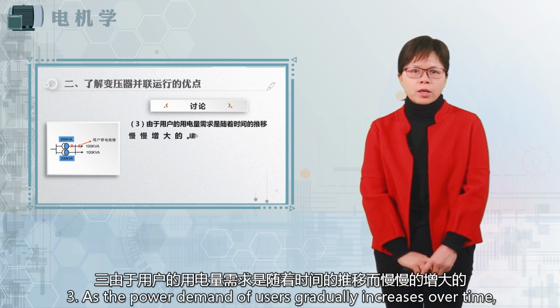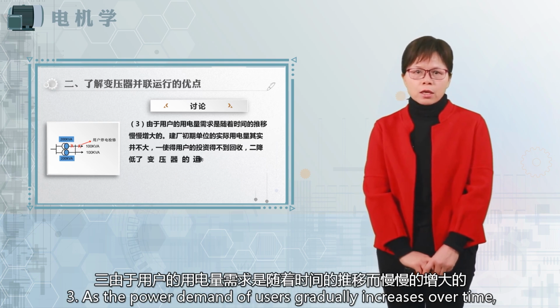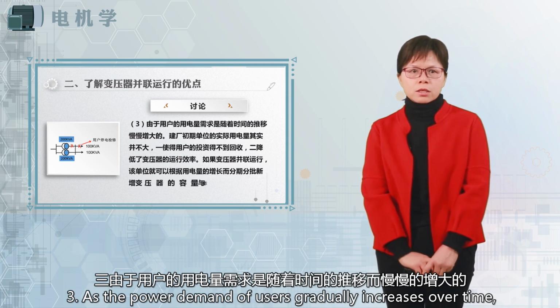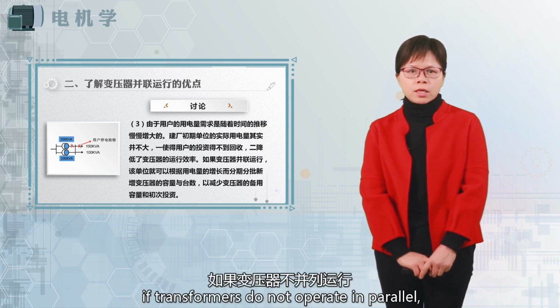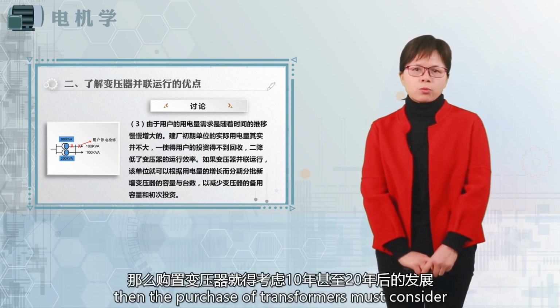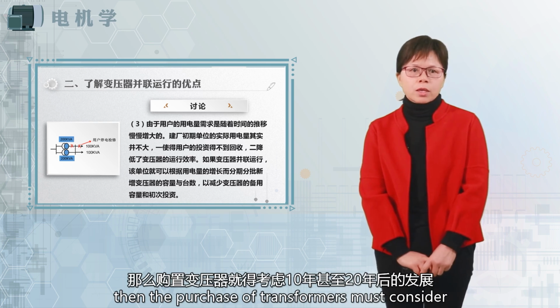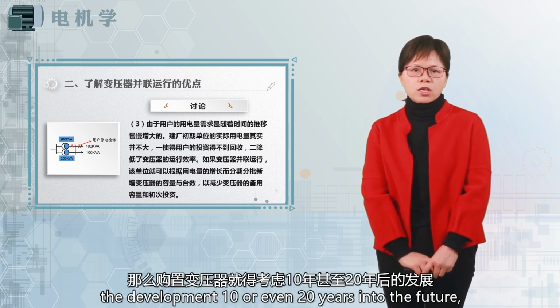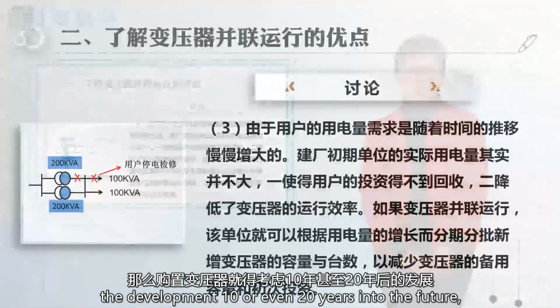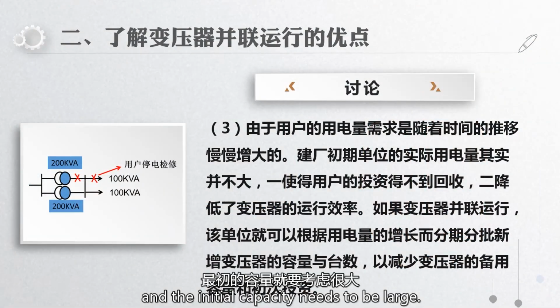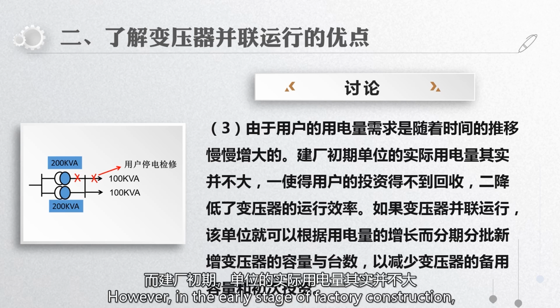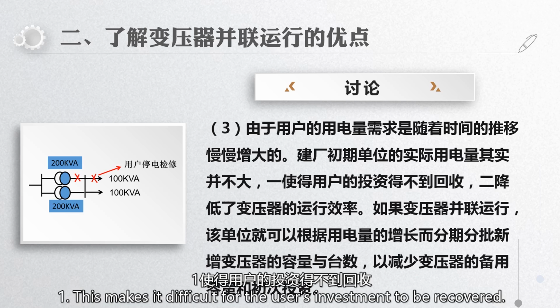3. As the power demand of users gradually increases over time, if transformers do not operate in parallel, then the purchase of transformers must consider the development 10 or even 20 years into the future, and the initial capacity needs to be large. However, in the early stage of factory construction, the actual power consumption is not large. 1.